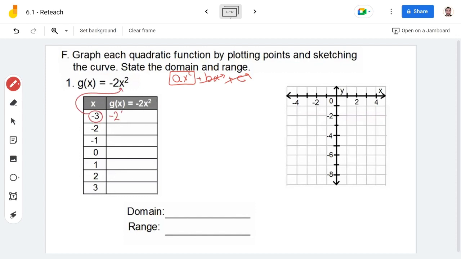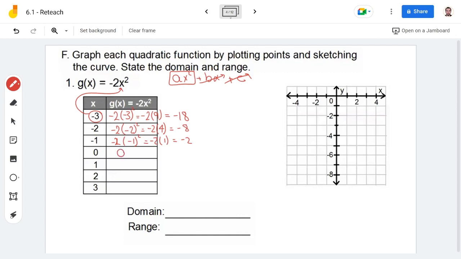So it will be negative 2 times negative 3 to the power of 2, which is negative 2 times 9, which is equal to negative 18. Same thing here: negative 2 times negative 2 to the power of 2 is negative 2 times 4, which is negative 8. Same thing here: negative 2 times negative 1 to the power of 2 is negative 2 times 1, which is negative 2, and 0 is always 0.